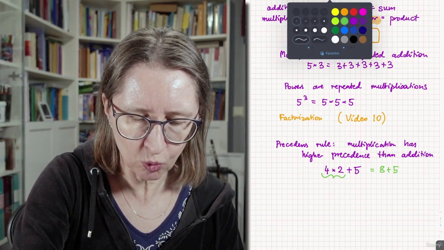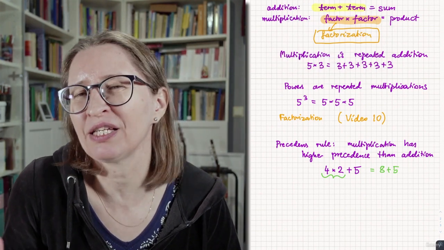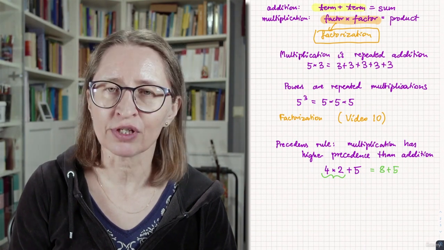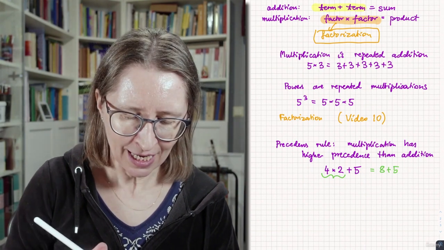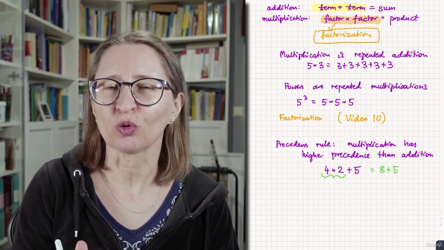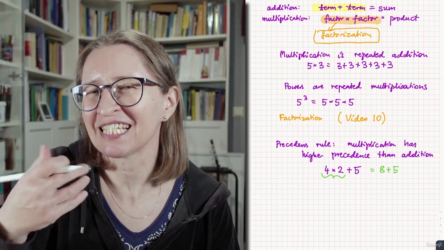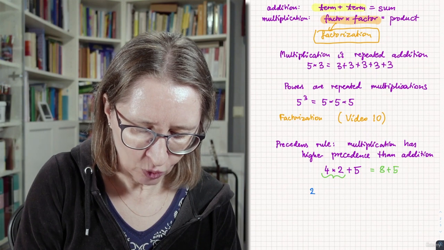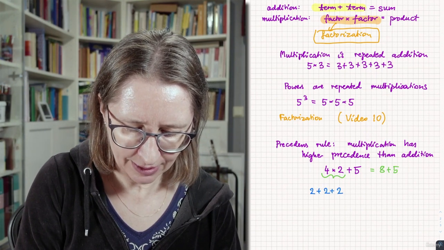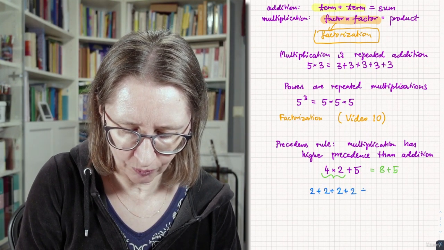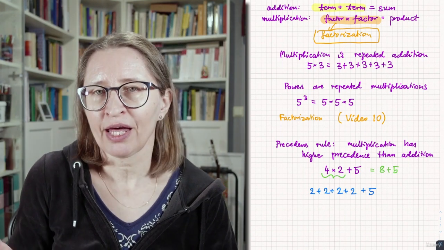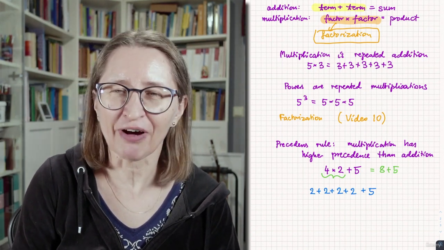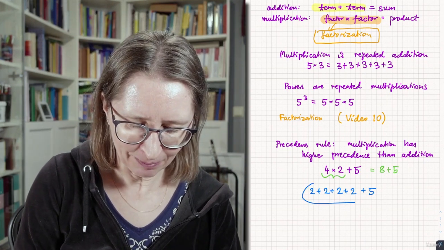And what is an explanation for this? Well, it's just a convention, but you should understand it in the following way. 4 times 2, because multiplication is a repeated addition, is 2 plus 2 plus 2 plus 2. So then clearly the result is 8 plus 5, right?